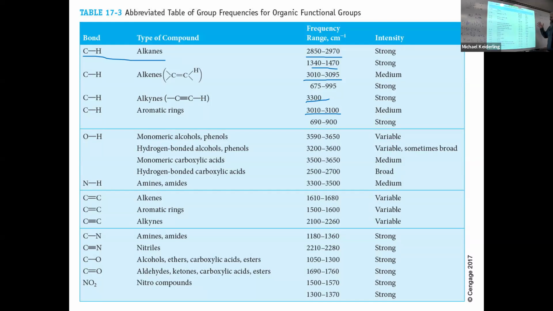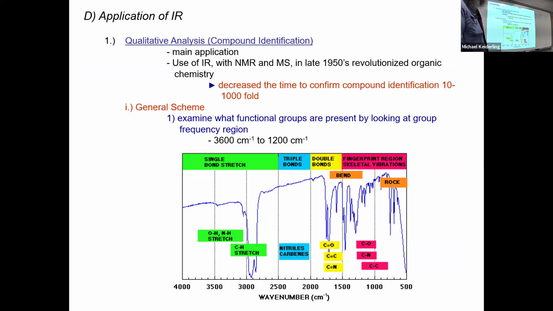So this is sort of a rough table with a bunch of these different bonds, which you can use for most of your identification. That giant table is just a more detailed one showing all the possibilities. And they didn't retypeset it, they just reproduced it. So, qualitative analysis and compound identification is more or less the main application of IR.